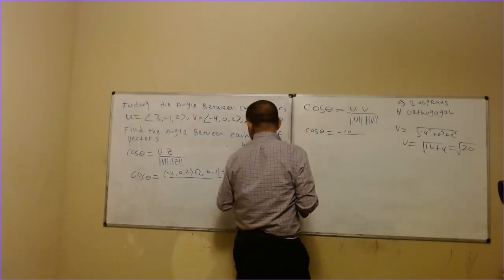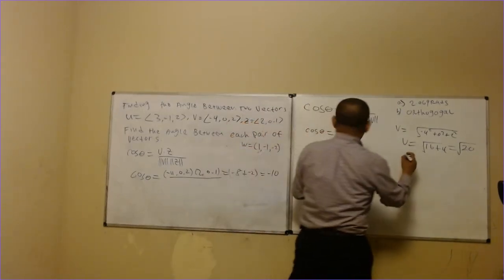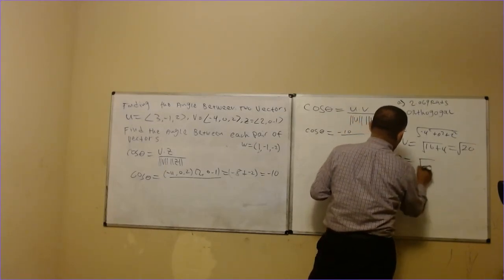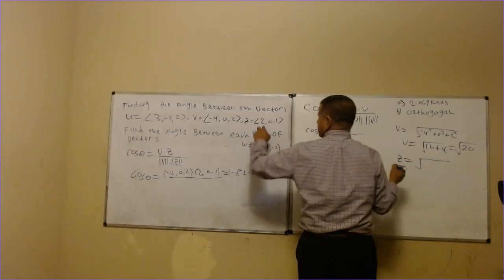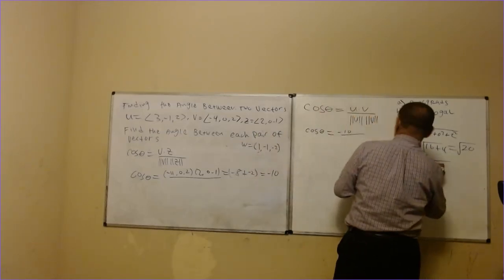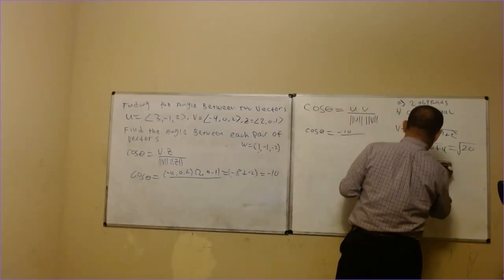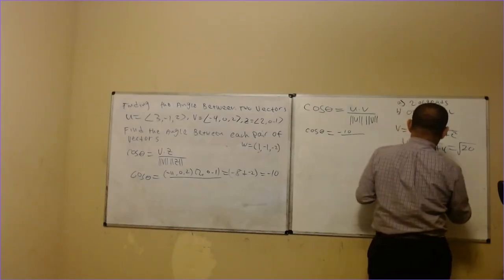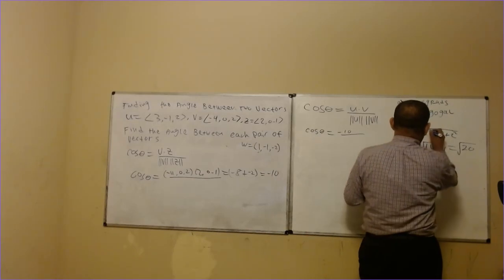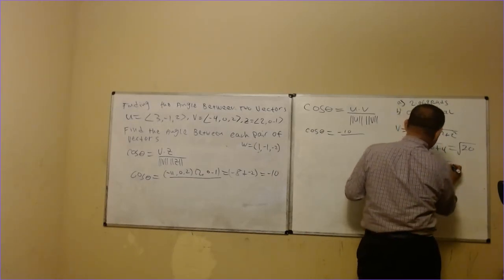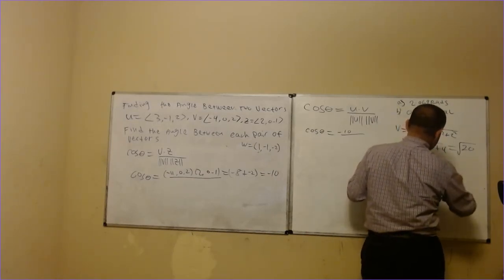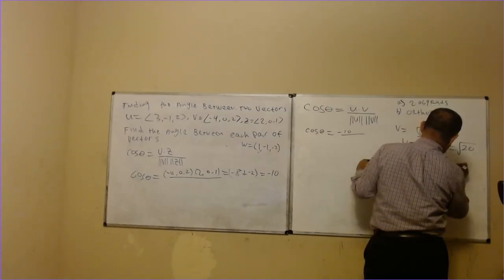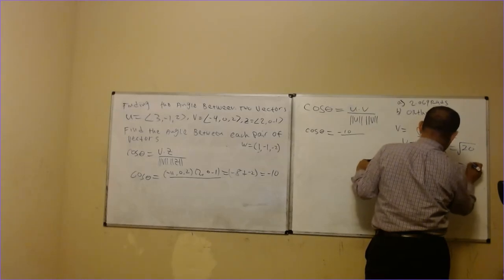So now we do Z, which is going to be equal to the square root of 2 squared plus 0 squared plus negative 1 squared, which is going to be 5.